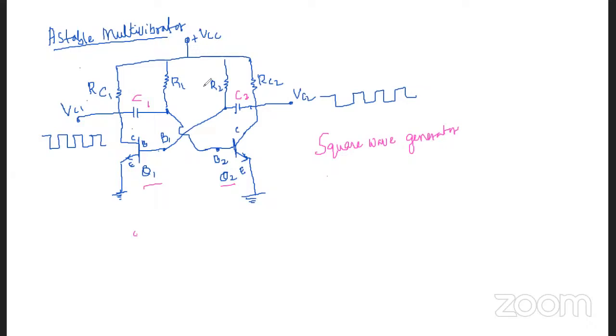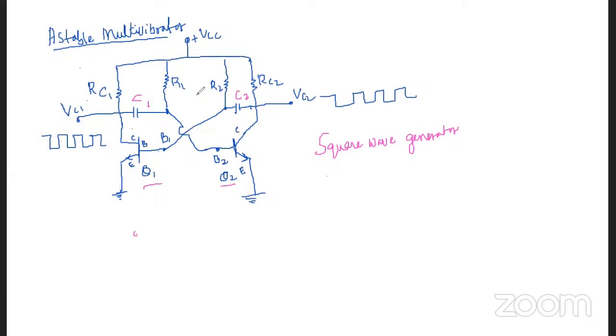Now an astable multivibrator may be thought of as two common emitter amplifier stages. Each stage provides feedback through a capacitor to the input of the other.